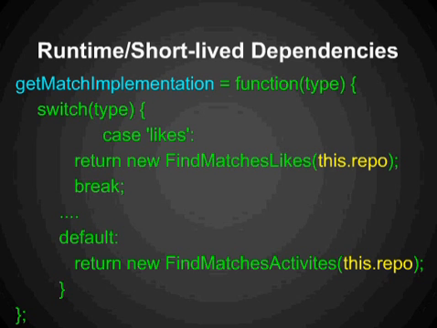You can, in the constructor for the abstract factory, pass in the three implementations. That's legit. And then in each case statement, instead of returning a new, you just return the thing that was passed in. That's fine. It's really the same difference. However you like to think of it, up to you.